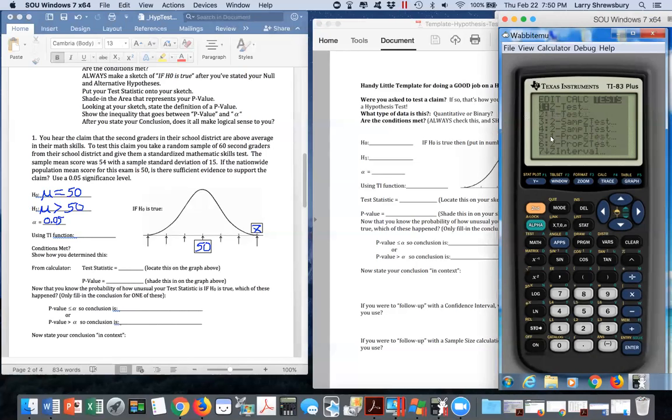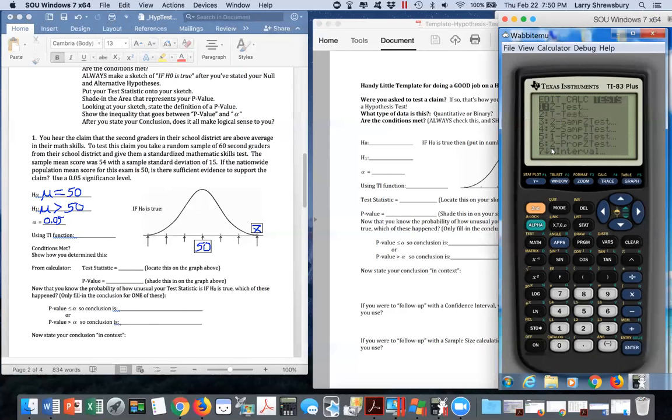Hopefully you recognize one prop as proportions. That's for binary data. Categorical, qualitative with just two categories, but we've been calling it binary data. So this is not binary data, so throw that one out. So it's between z-test and t-test, and what you probably learned is you're only supposed to use z-test, the z like in z-interval, if the population standard deviation is known.